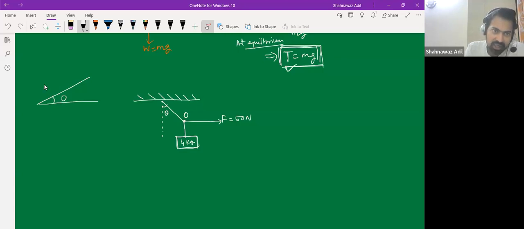This part is r, and this is theta, which is making some angle, and this is the horizontal x, and this is y. So what would be the horizontal component with theta? What would be this?